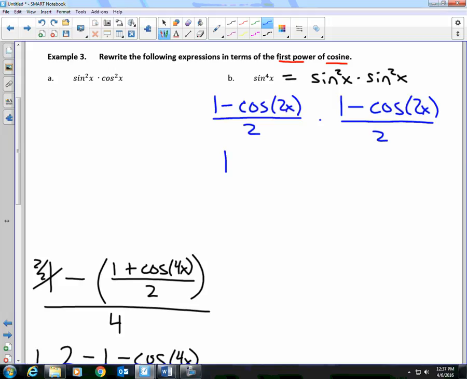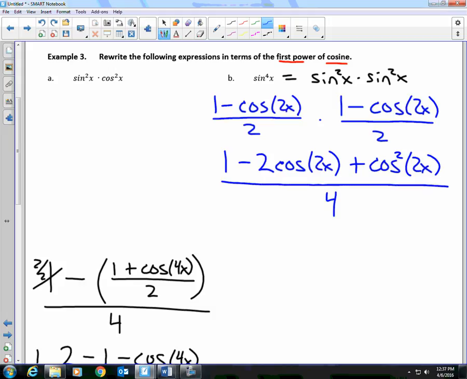Negative cosine 2x and negative cosine 2x. And then negative cosine 2x times negative cosine of 2x would be positive cosine squared of 2x. You don't do anything with the angle. You just leave the angle alone. All over 4.